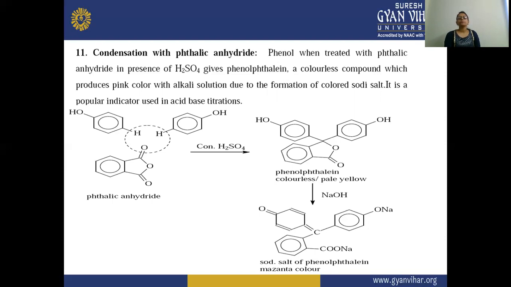When this phenolphthalein is treated with sodium hydroxide solution, there will be a formation of the sodium salt of phenolphthalein, and we are getting the magenta or pink color, and it is used in acid-base titration as an indicator in pharmaceutical analysis.